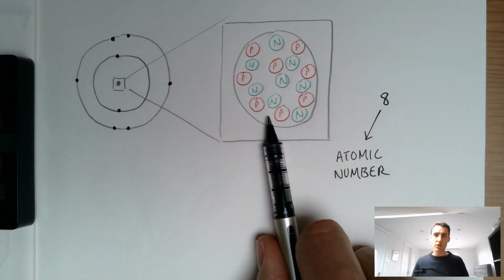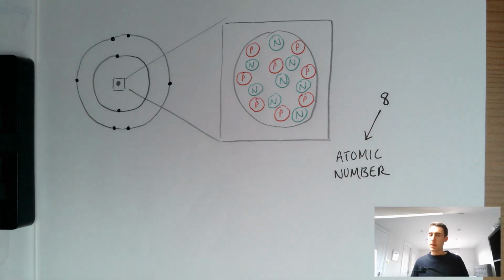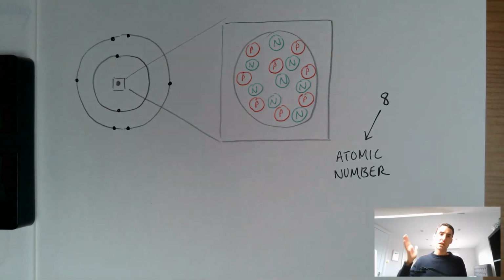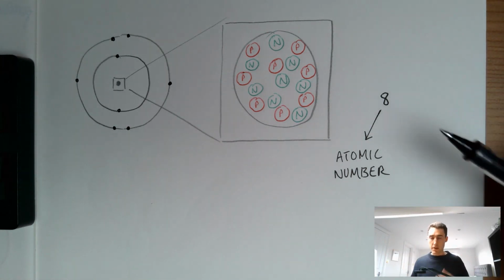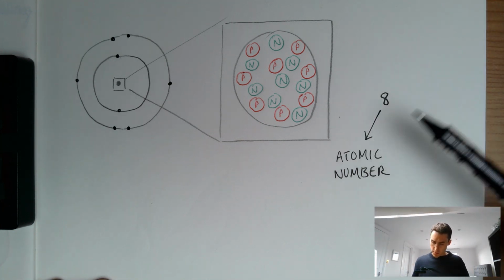So how many protons in the nucleus? It's 8. How many electrons in the total atom? It's 8. Okay. But again, that's not something that's necessarily going to stick first lesson. What we're going to do is keep coming back to this picture again and again in order to reinforce it in students' heads. So that's the atomic number.